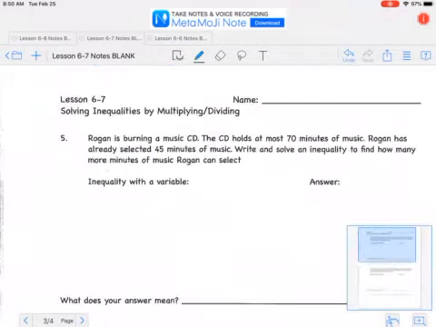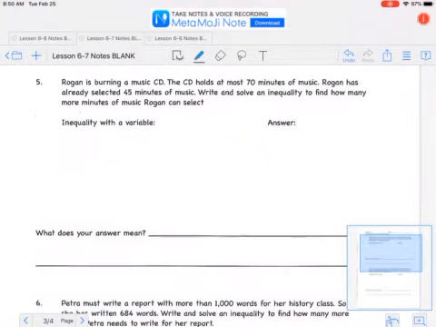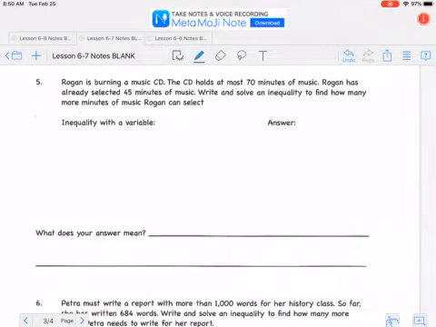All right, on to the next page. Okay, so it says Rogan is burning a music CD. The CD holds at most 70 minutes of music. Rogan has already selected 45 minutes of music. Write and solve an inequality to find out how many more minutes of music Rogan can select.